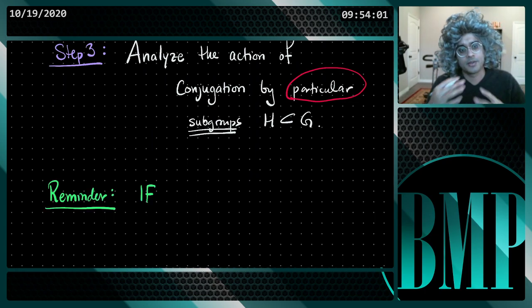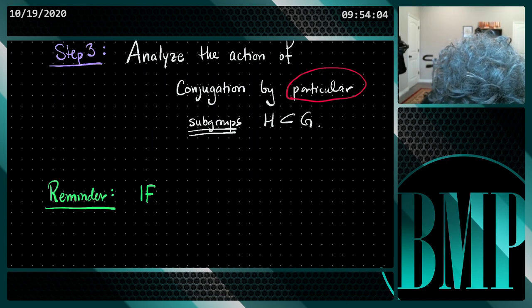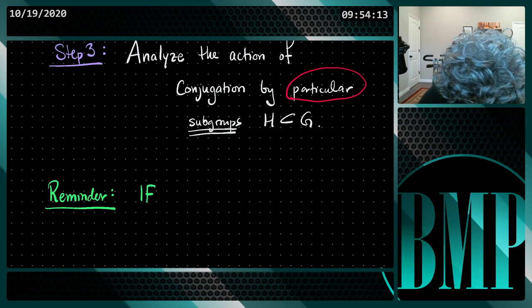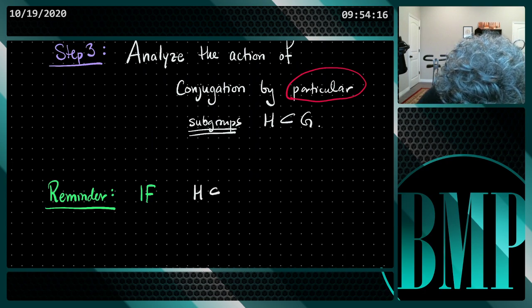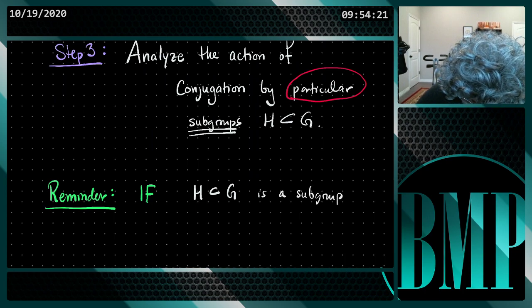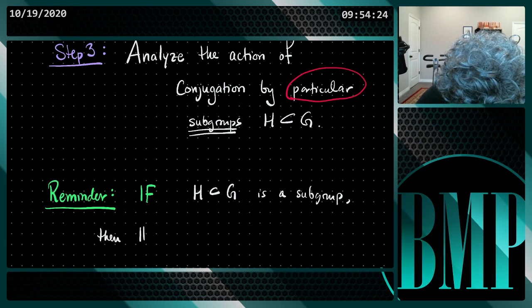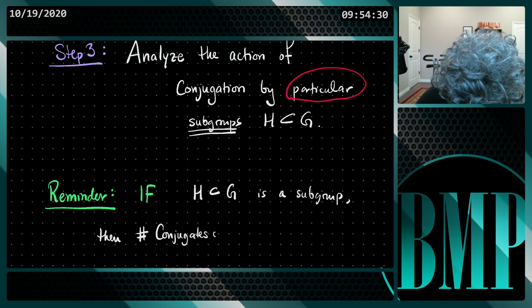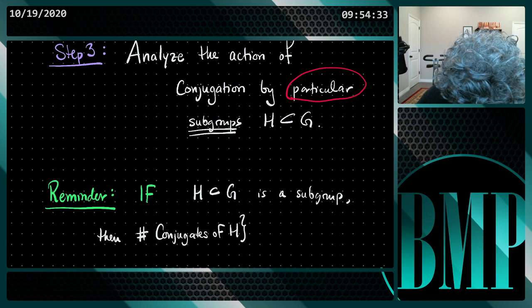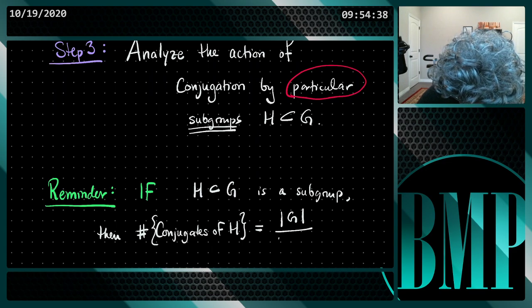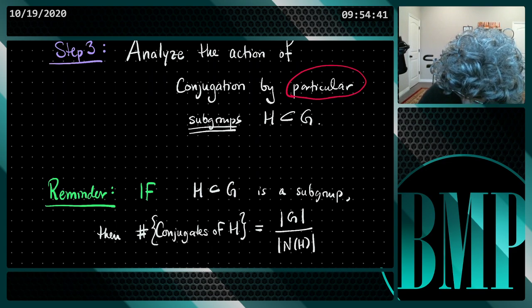If you have a subgroup, I don't want to use H or K, but here I'll just use H. If H is a subgroup, then the number of conjugates is simply the size of the group G divided by the size of the normalizer of H.